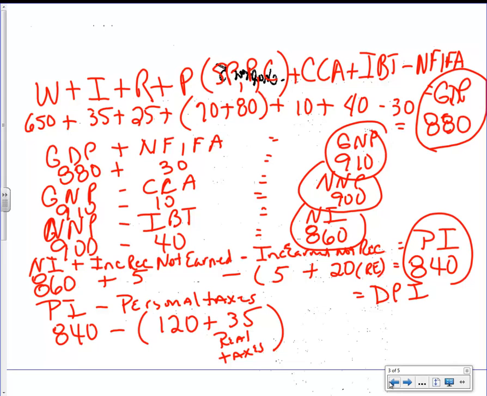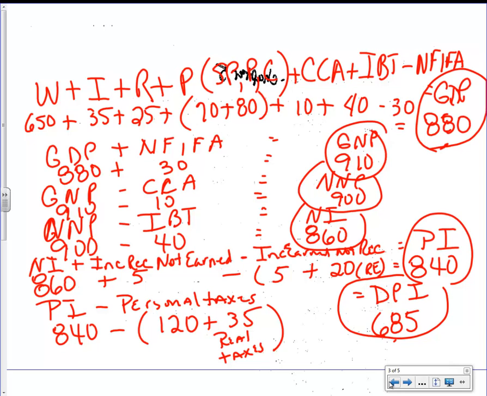So once we back out $155 of personal taxes, we will end up with $685 of income that's spent in the economy. We started at $880 and we have spendable income of $685. So we went through the income formula. This is what we gross. This is what we spend. We gross $880. We can spend $685 of that income.